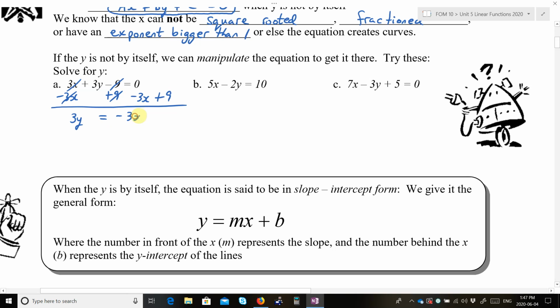And over here we have negative 3x plus 9. To get y by itself, divide both sides by 3. So y is equal to negative 3 divided by 3 is negative 1, which we just write as a negative, so negative x, and then 9 divided by 3 is plus 3.